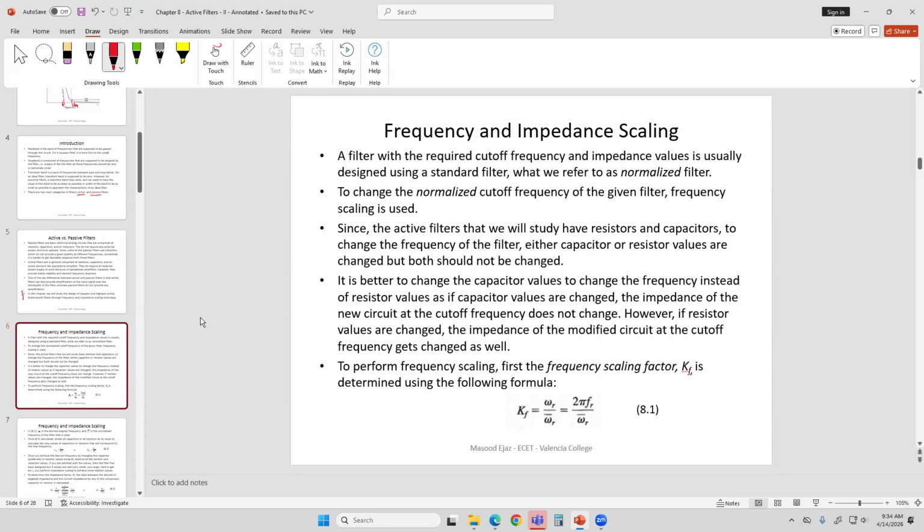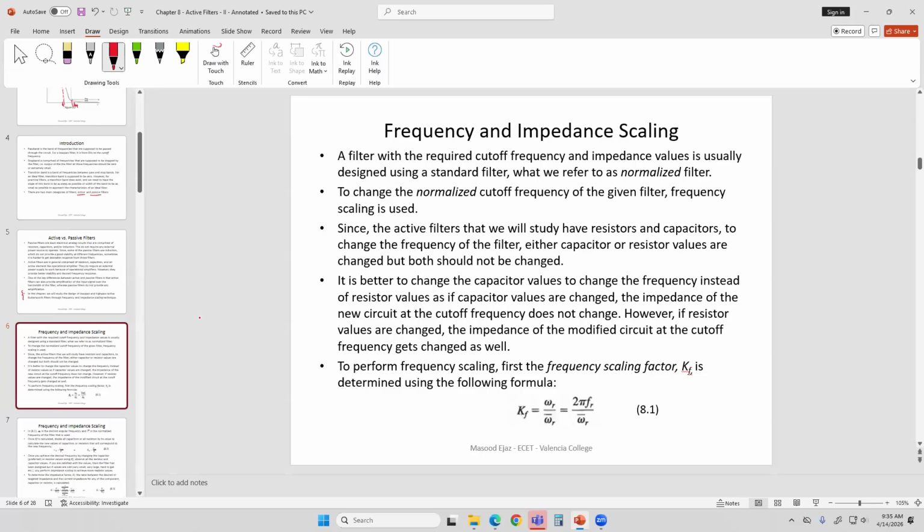You're going to do the frequency scaling, as well as the impedance scaling. And once you do both of these, then you get the final design with the cutoff frequencies that you want and the component values that you have in your kit. That's the idea that we are going to employ as far as the design of active filters is concerned.